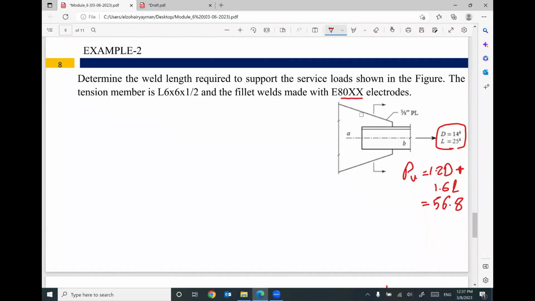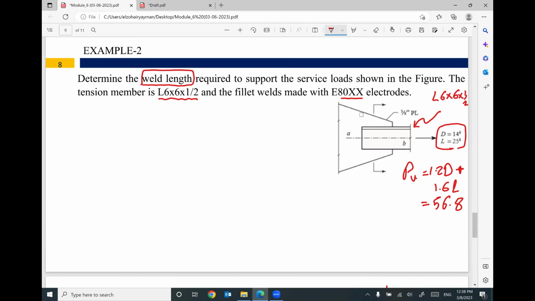The problem is asking to figure out what is the weld length required to support this connection between this member, which is angle 6 by 6 by 1/2. This one is angle 6 by 6 by 1/2.